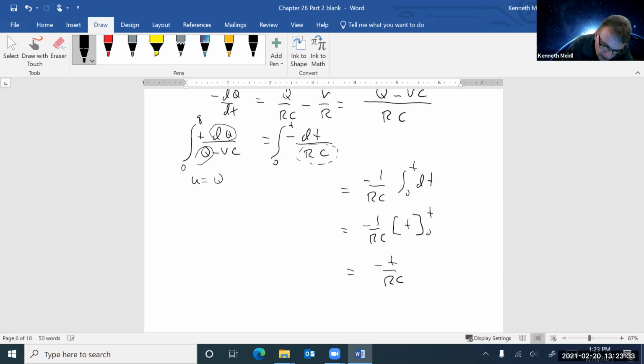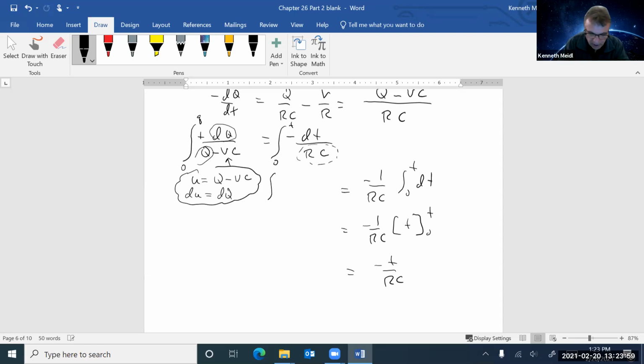You can try something like this, and then when you do du here, you're going to get a dq. When I make that substitution, maybe I've got an integral here, and so I've lost my limits, right?